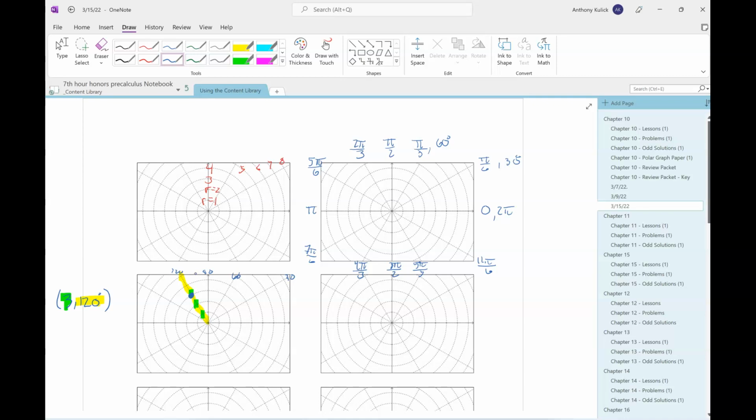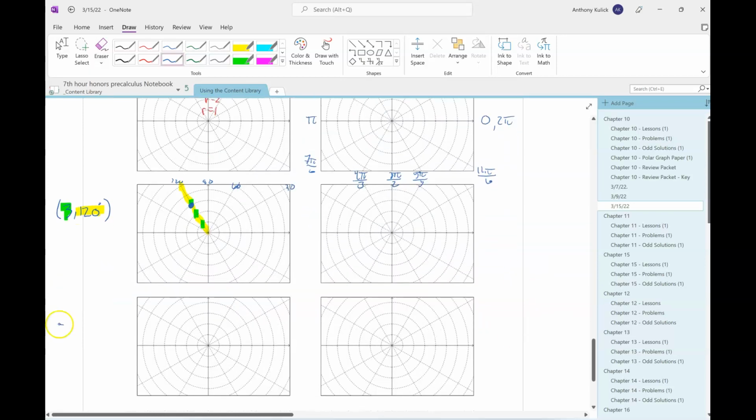Let's do another example. Actually, let's just do it over here. All those angle measures that I drew on the circle above were kind of cramping my style, and I just need to get rid of them. Okay, so same thing. I'm going to start with the angle. So we have pi over 6, and then 2 pi over 6, which is pi over 3.